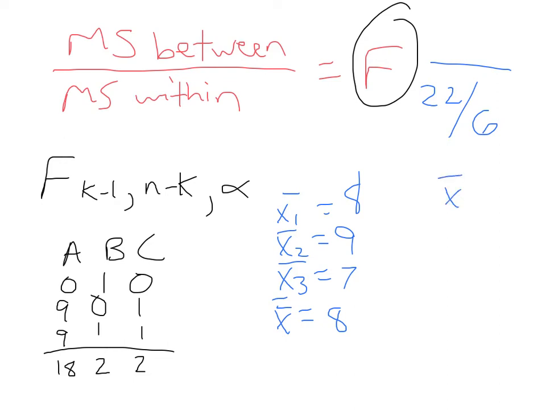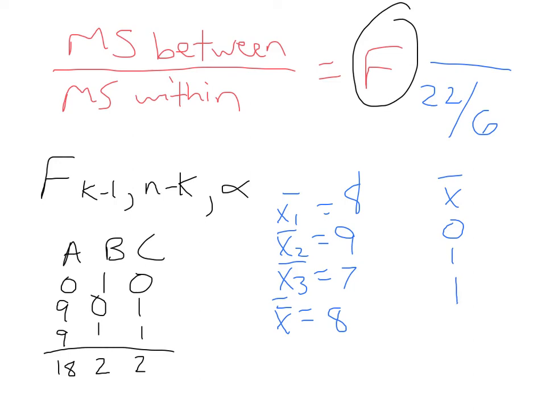Okay, so 8 minus 8 is 0. Square that, you get 0 for the first one. 9 minus 8 is 1. Square that, you still get 1. And 7 minus 8 is negative 1, and you square that, you get 1, I'm sorry.